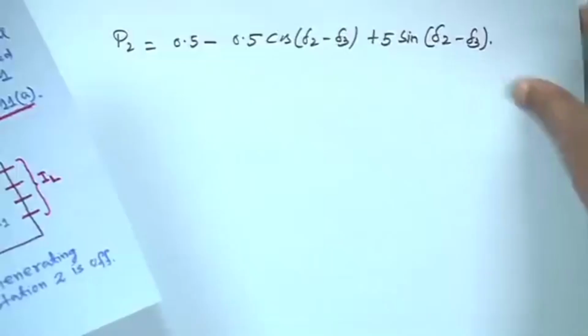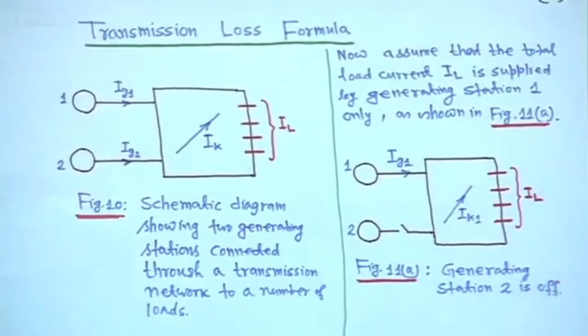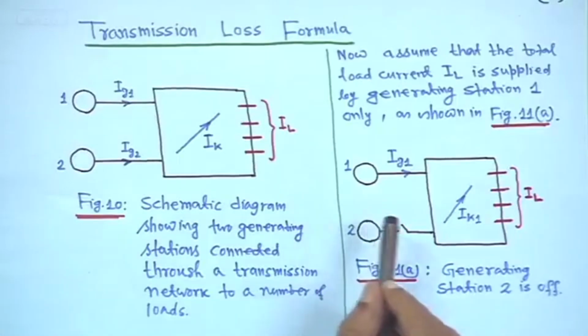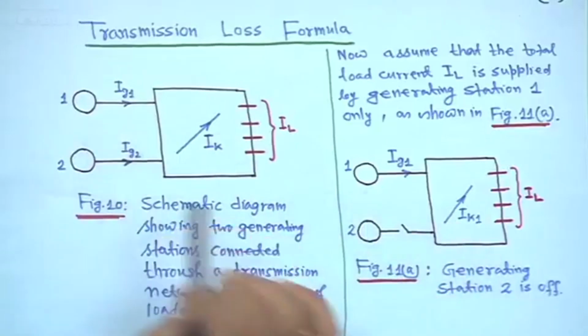Now we will try to derive that transmission loss formula. So, next we come to the transmission loss formula. Suppose this is a schematic diagram showing two generating units.